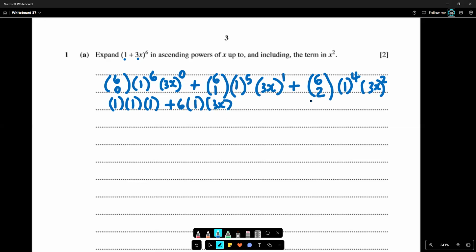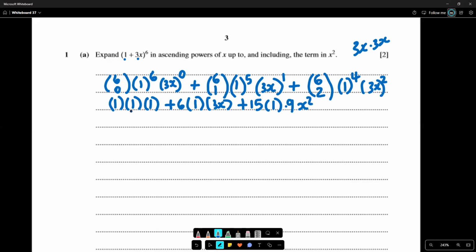And then 6 choose 2 will give us 15, and then here we have 1 to the power 4, which is just 1, and then you're going to have 3x multiplied by 3x because of the square, which gives us 9x squared.